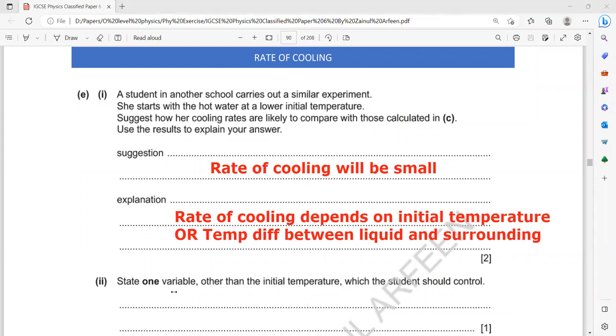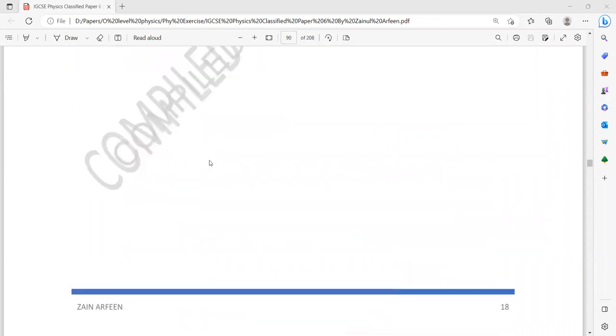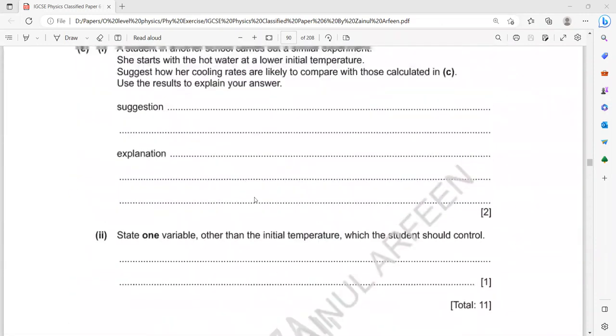So you can mention the volume of water, or the room temperature should be the same; you only have to write one. So this was question 5.